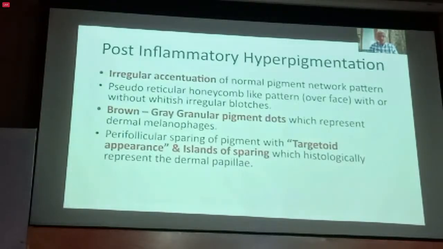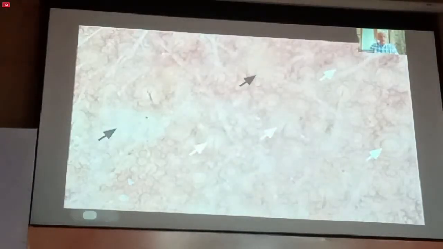So in dermoscopy, in post-inflammatory hyperpigmentation, you get a patchy, irregular pattern of accentuation of the pseudo-reticular pattern or reticuloglobular pattern of pigmentation on the face, along with a bit of erythema associated with these, because this is post-inflammatory, so a bit of erythema is part of it.